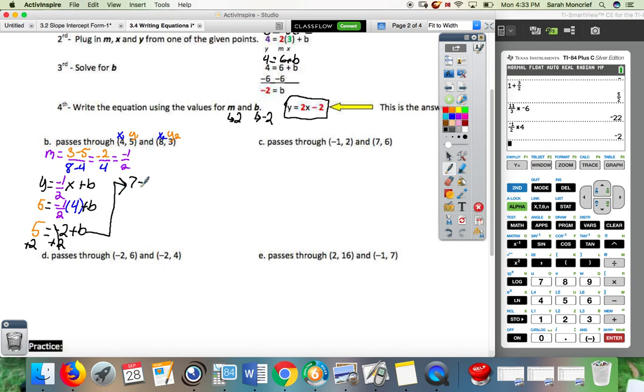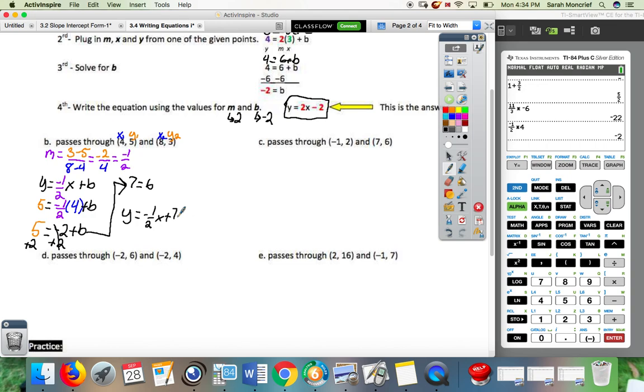So 7 is equal to b, or b is equal to 7. But now that I have both my b and my m, I can just plug them in. So you should have y is equal to negative 1/2 x plus 7.